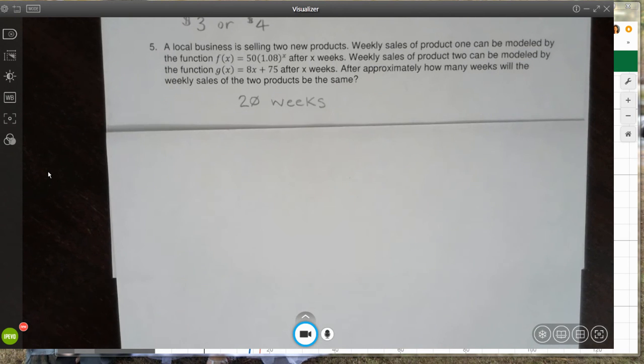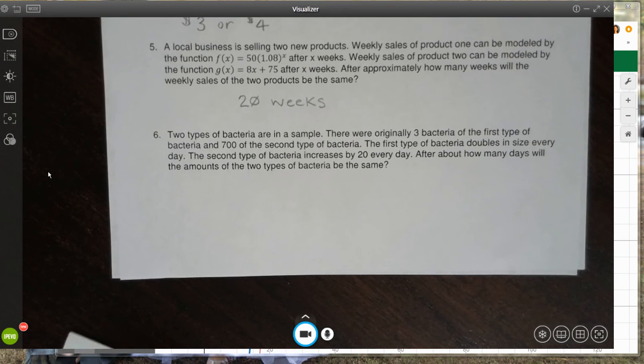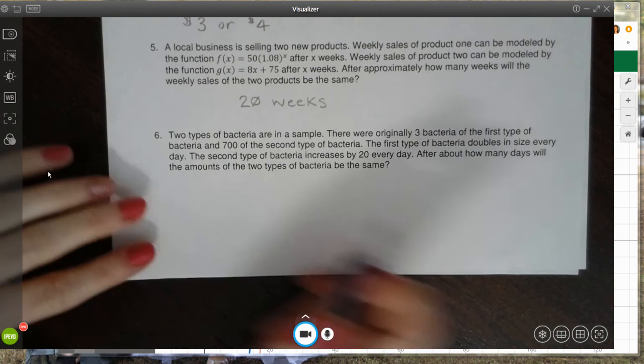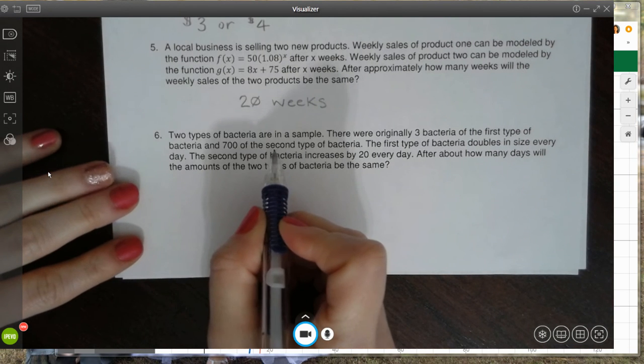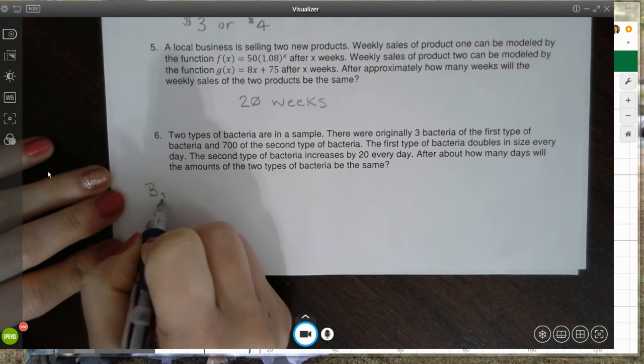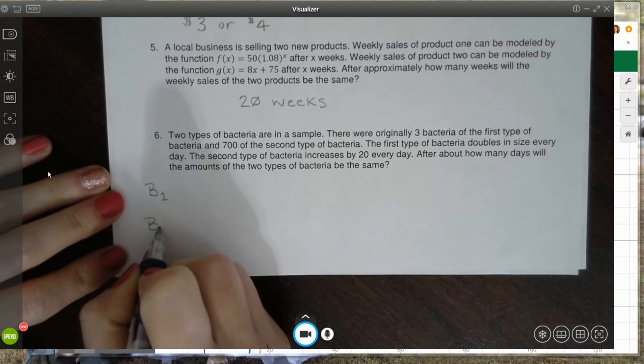So the last question we're going to look at doesn't actually give us our equations yet. So we have to do a little bit of work first. So the first thing I'm going to look at, there's two different types of bacteria. So I'm going to label bacteria 1 and bacteria 2.